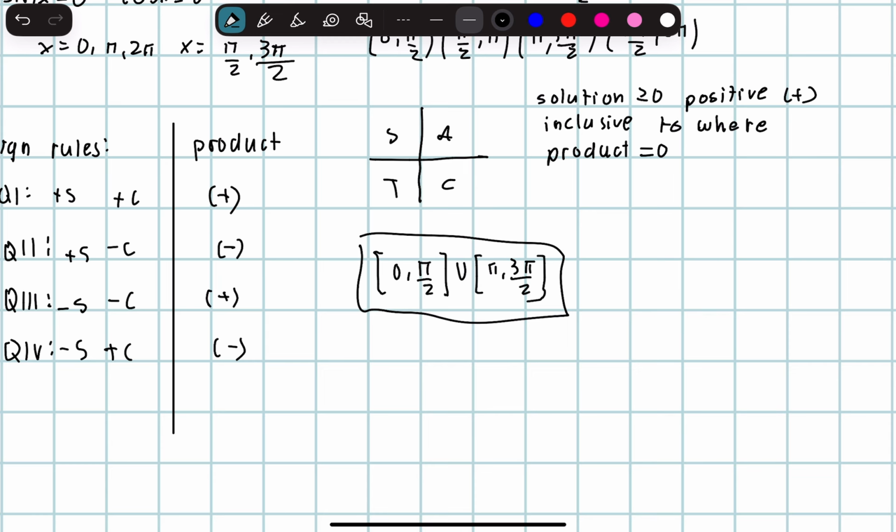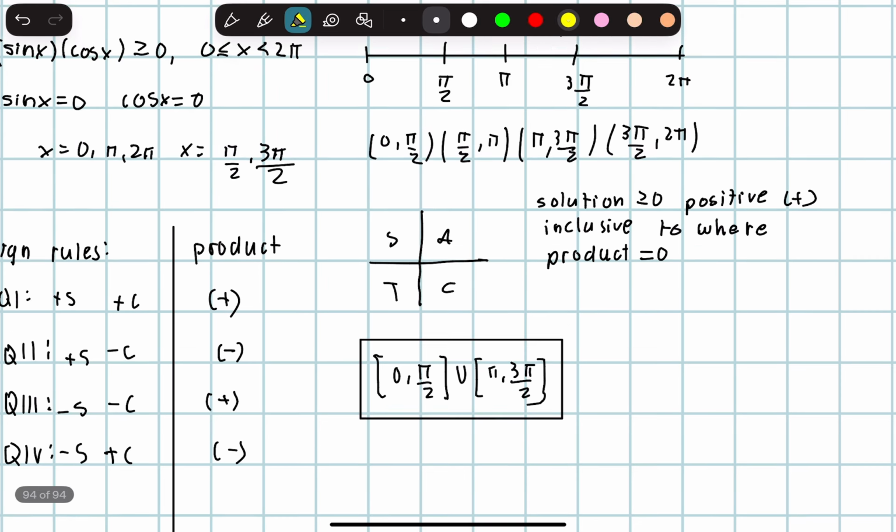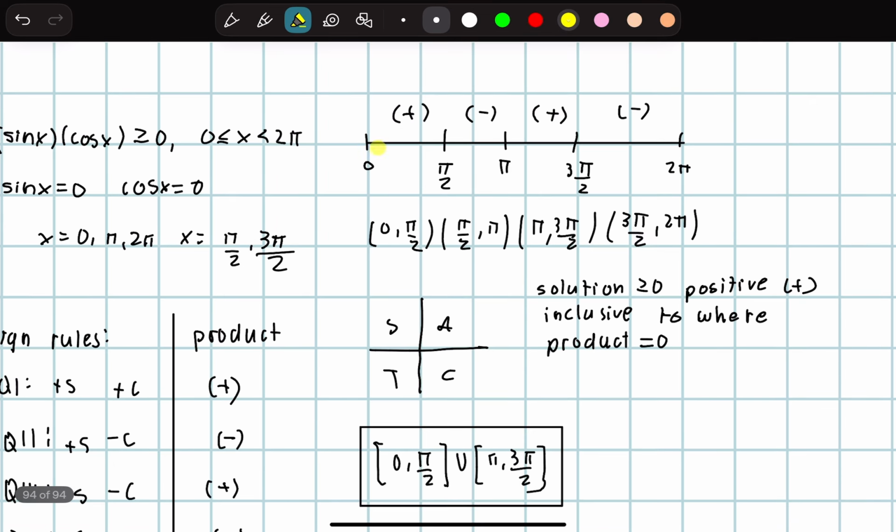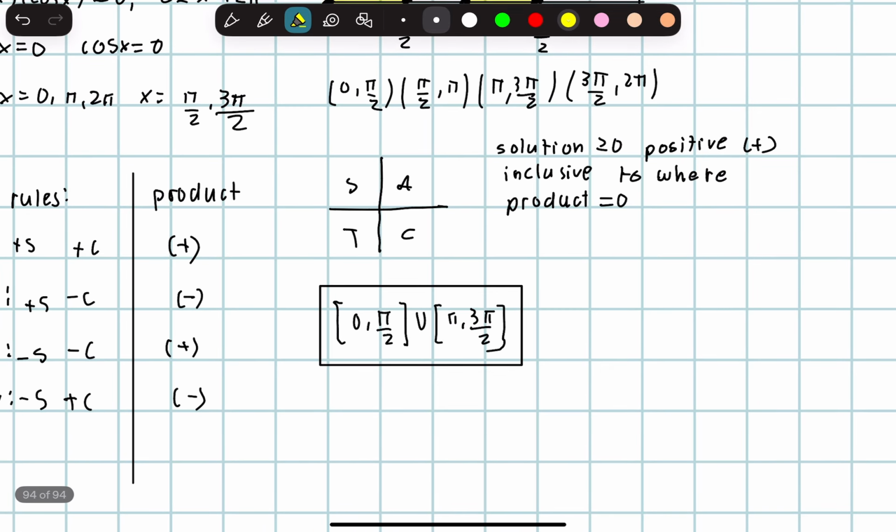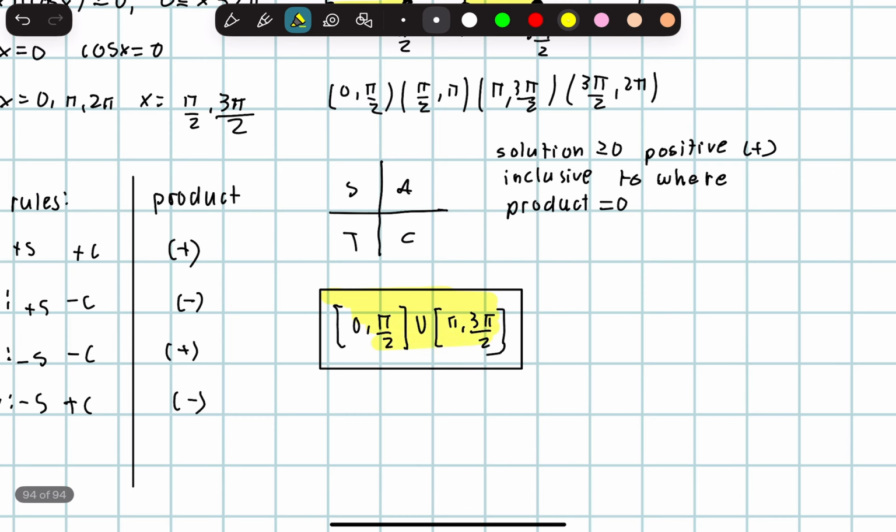Now we can highlight this on here: 0 to pi over 2, all the way from pi to 3 pi over 2. So we can highlight those like that. And yes, that's how it's going to look. That's it.